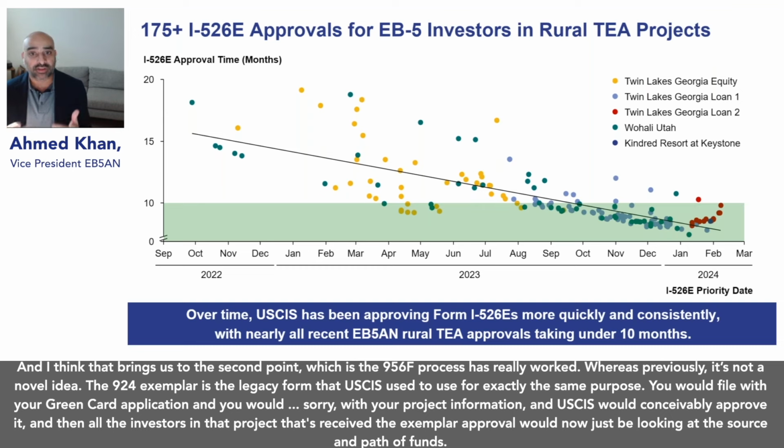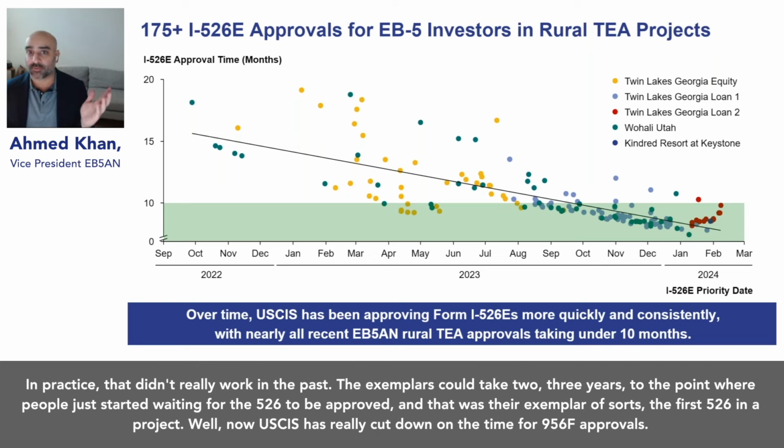You would file with your green card application, with your project information, and USCIS would conceivably approve it, and then all the investors in that project that has received exemplar approval would now just be looking at the source and path of funds. In practice, that didn't really work in the past. The exemplars could take 2-3 years, to the point where people just started waiting for the I-526 to be approved, and that was their exemplar of sorts, the first I-526 in the project.